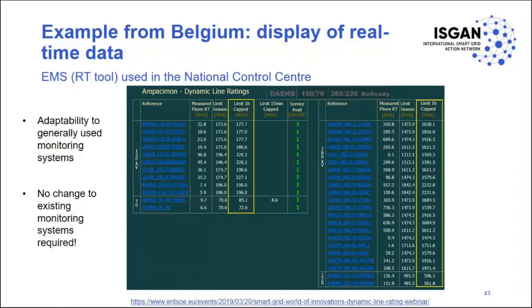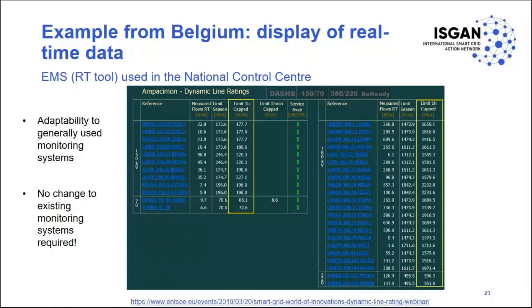If you convert these MVAs into billable power, it's a huge amount. Anyway, you can see these available ratings for the next hour to the right. And as Rena said, these numbers can be used for the power flow simulations and the computations of scenarios for N-1 or N-2 contingencies.